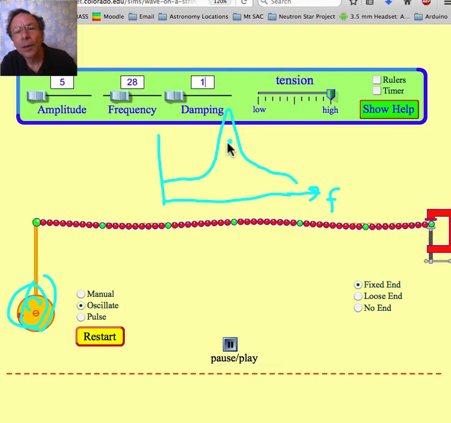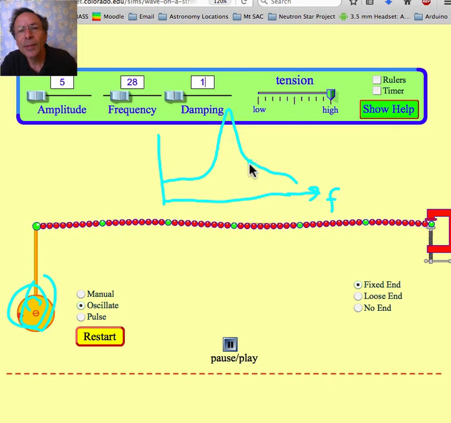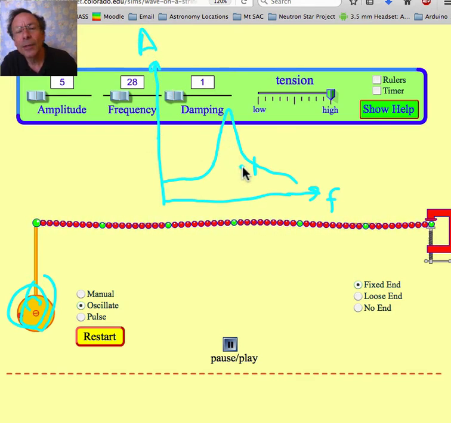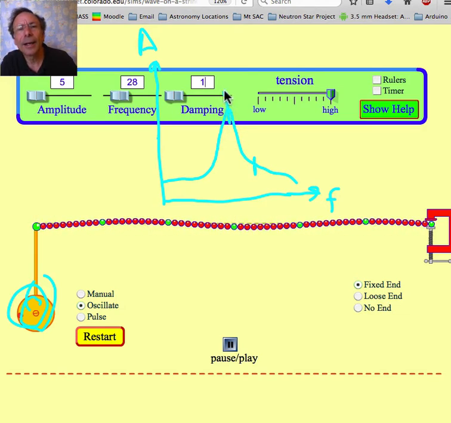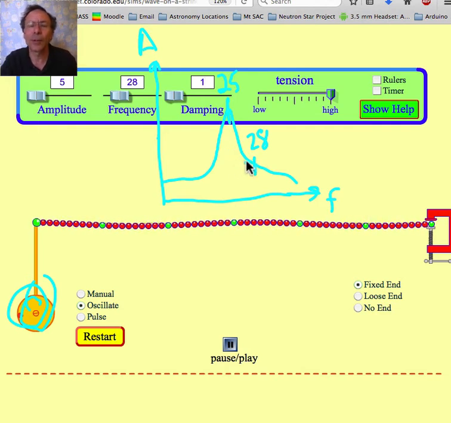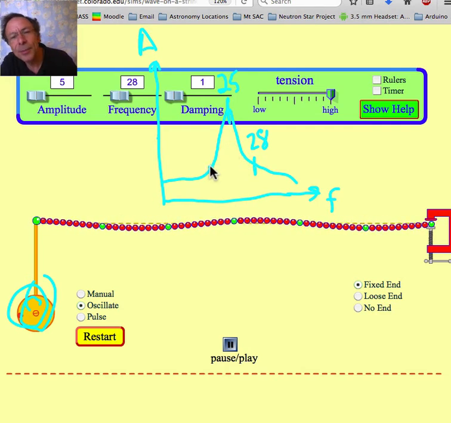And 28 hertz happens to be somewhere over here. And this is the amplitude of what you're going to get out. So you're off resonance. This thing right here is called the resonant peak. And the resonant peak happens to be 25 hertz. And if you're at 28 hertz, it doesn't work. Okay, I think that's pretty cool.